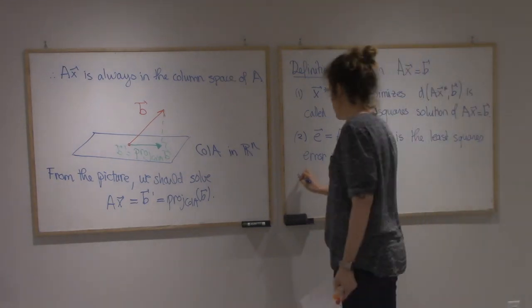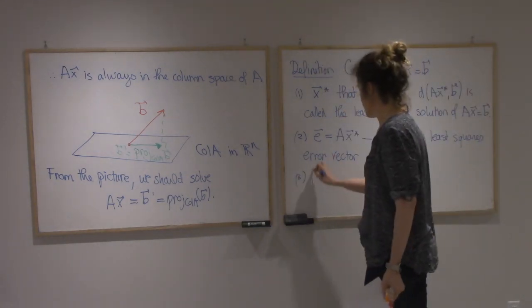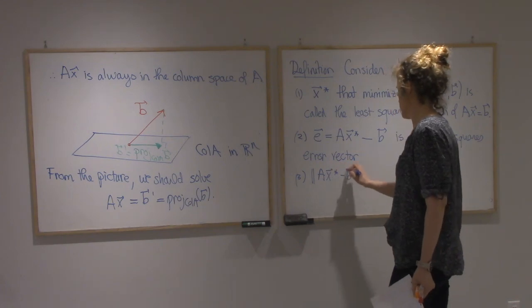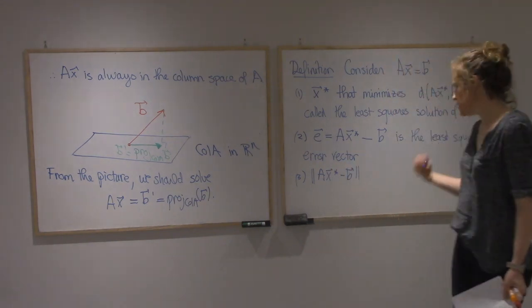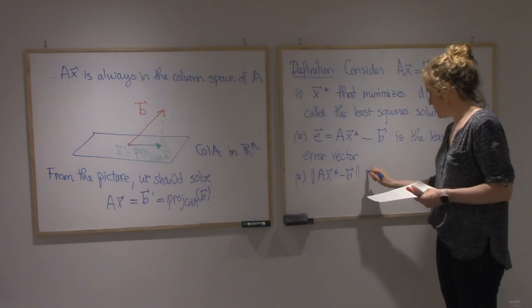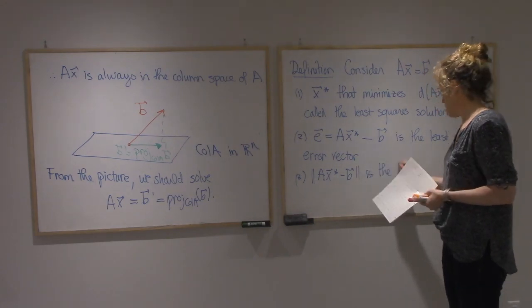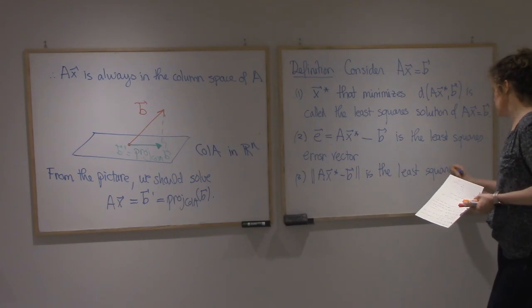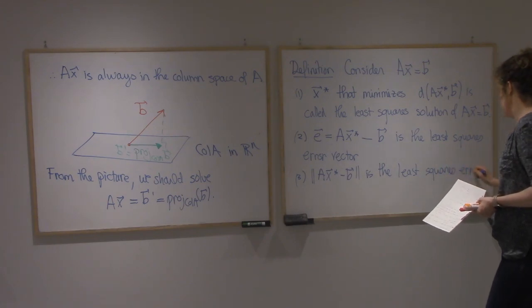And then the length of this vector is the least squares error.